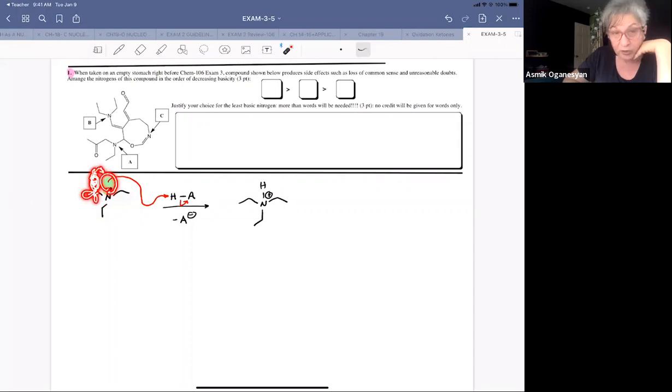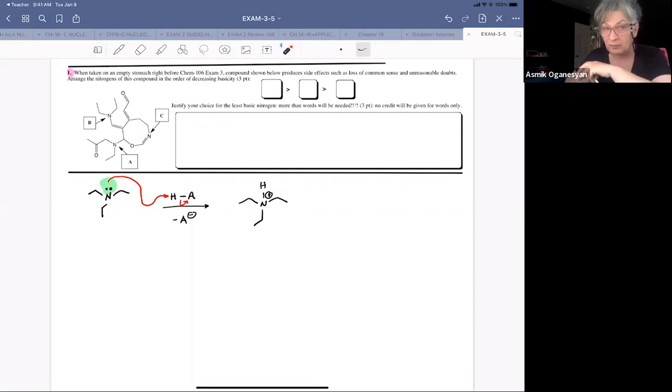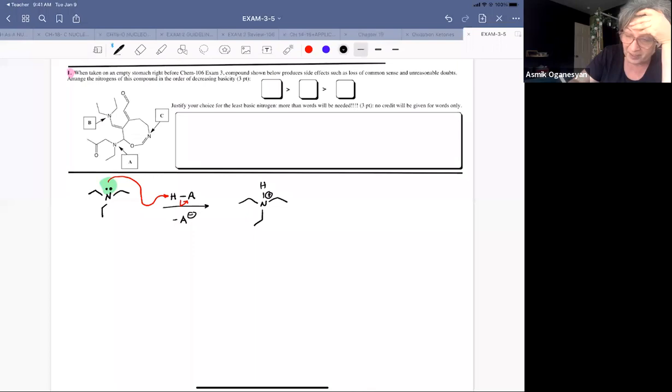And so your alkyl groups will be pushing more electron density towards nitrogen, making it more electronegative and capable of bonding to that acidic proton. So we understand that in this case, the favorable effect will be hyperconjugation.